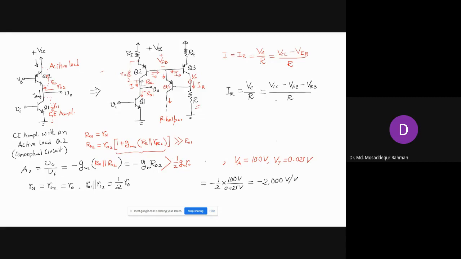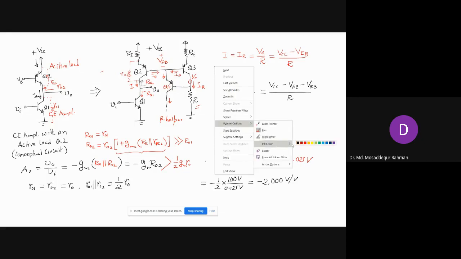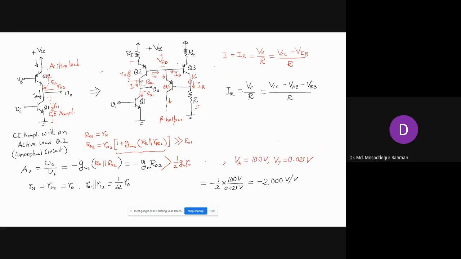Is that correct? VEB is the voltage drop here, and then you have another VEB drop here. So there are two VEB.